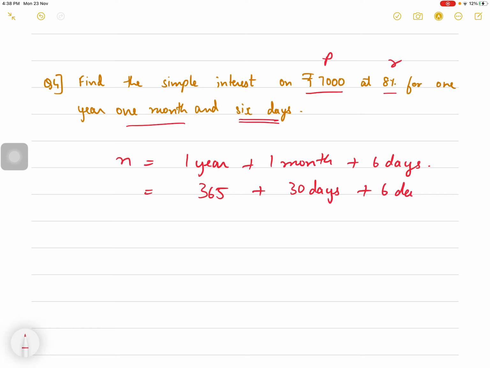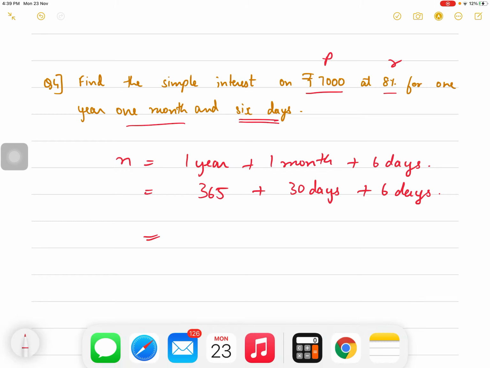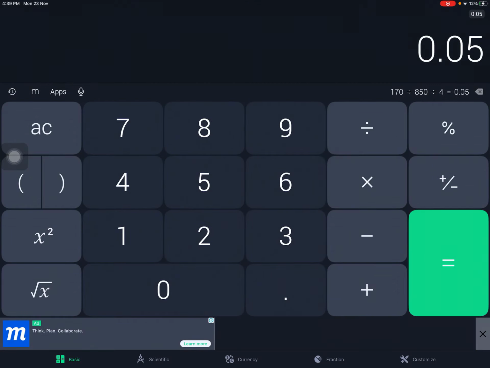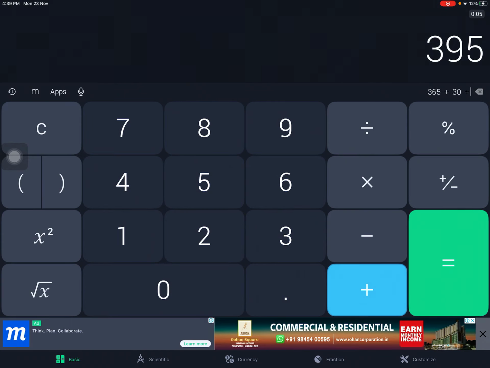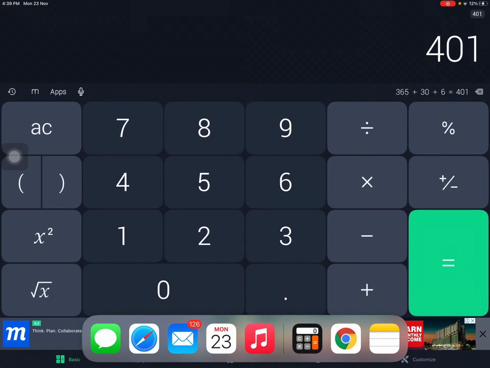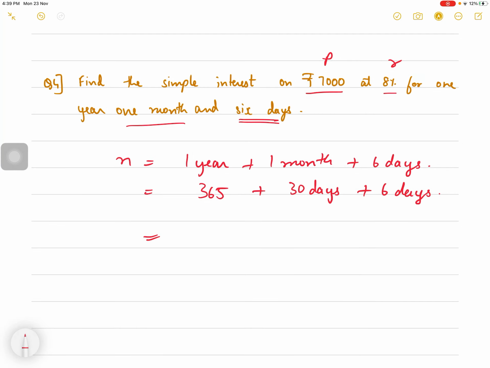Plus 6 days. So 365 plus 30 plus 6 comes to 401 days. So N is 401 days.